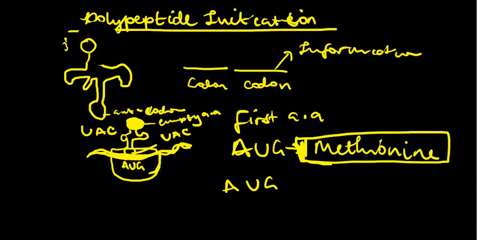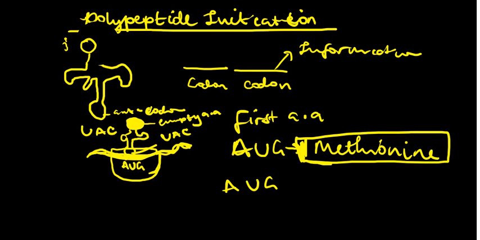The AUG is the messenger RNA start codon, like we said, and the anticodon is the UAC on the FMET tRNA.